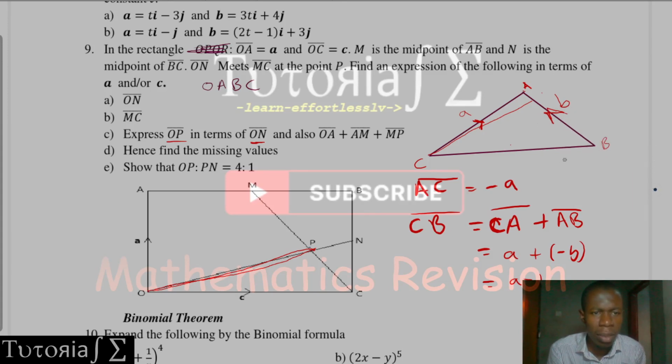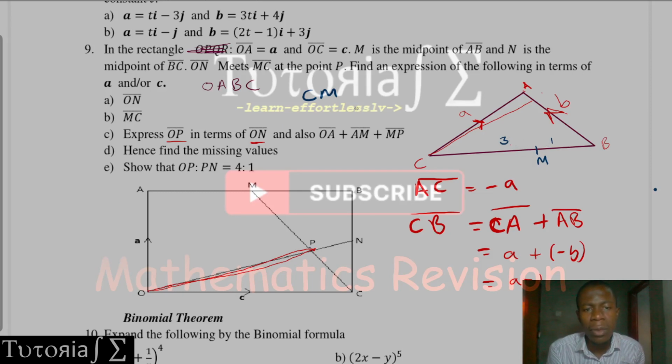So suppose there is a point here, M, and you're asked to find CM, and maybe this has a ratio of 3 to 1.